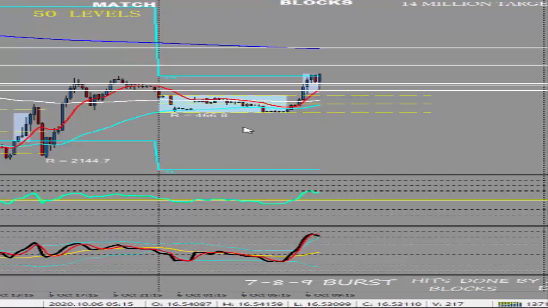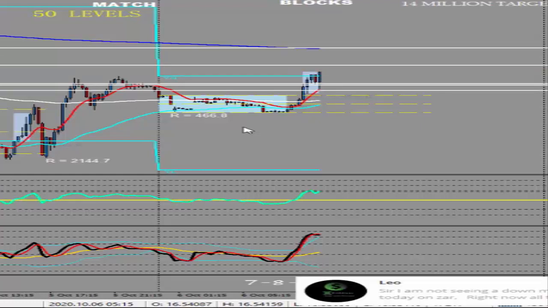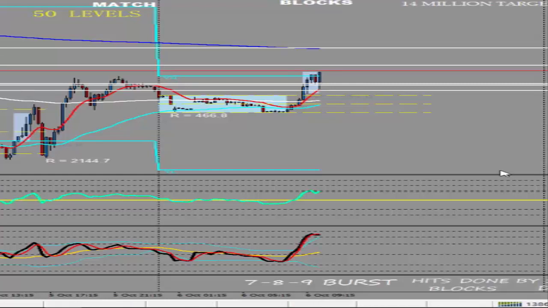So right now, when we enter a trade, we always want the price to shift away from our entry point. We don't want to see price just chopping around. We always want to see price getting away from an entry point. That gives us the confirmation that we are in the right direction and in the right trade.